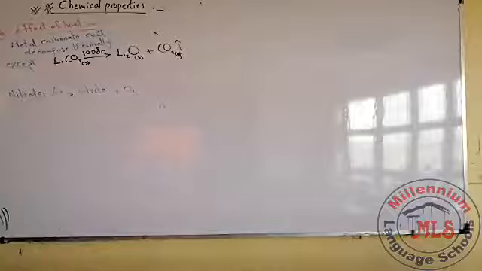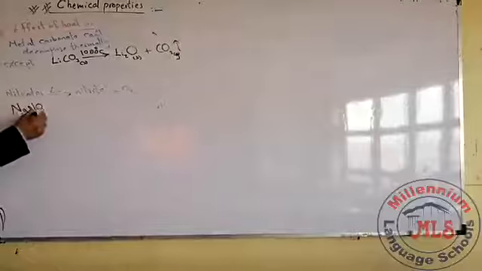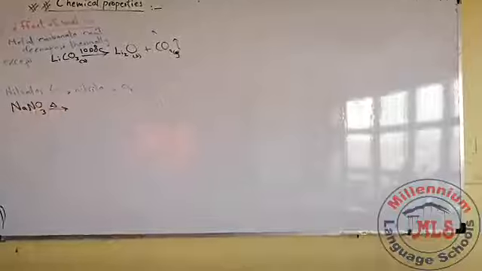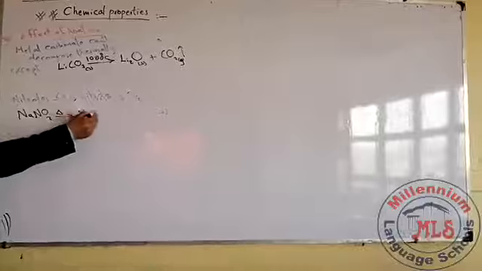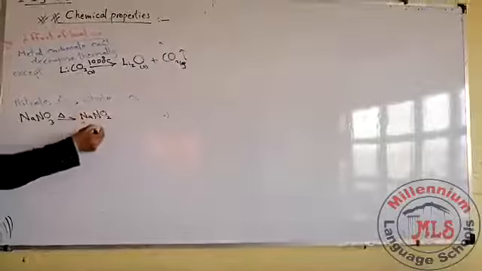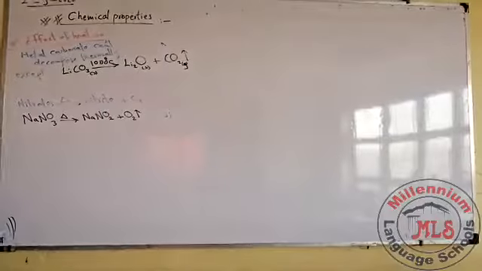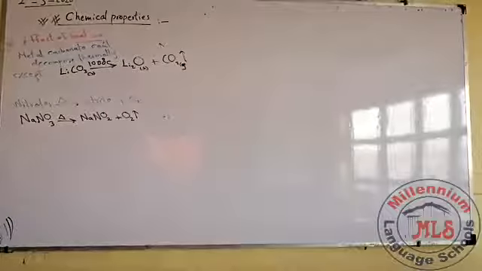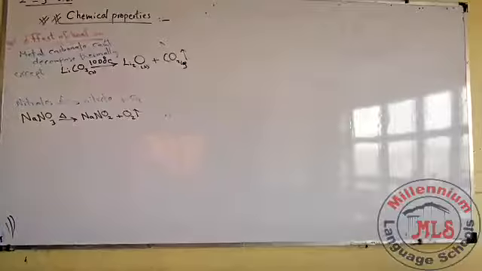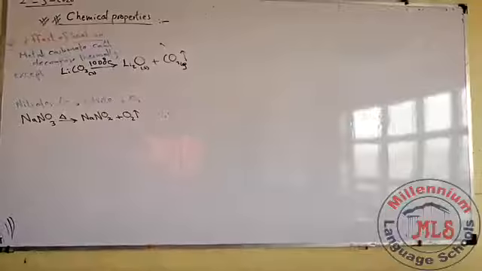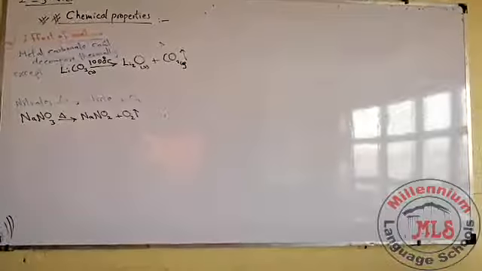For example, sodium nitrate by heating changes to sodium nitrite and oxygen gas evolves. This decomposition reaction occurs partially. This means that some molecules of sodium nitrate decompose and other molecules will not be decomposed.